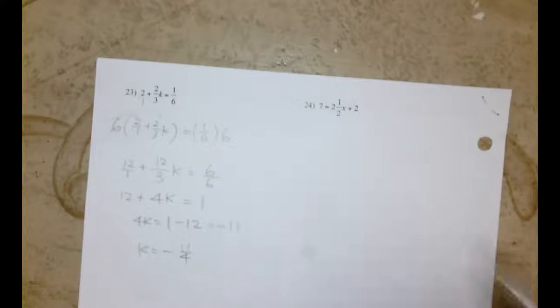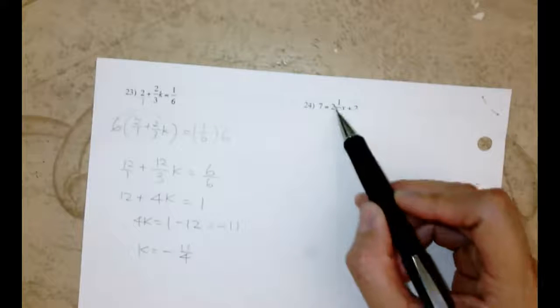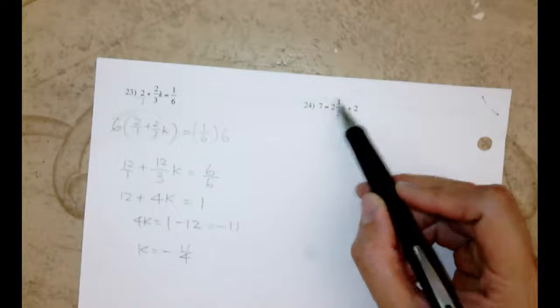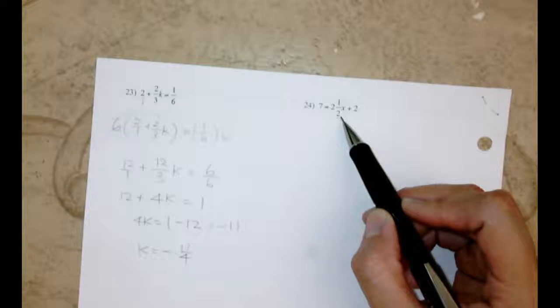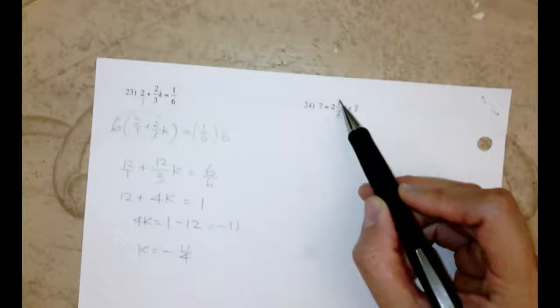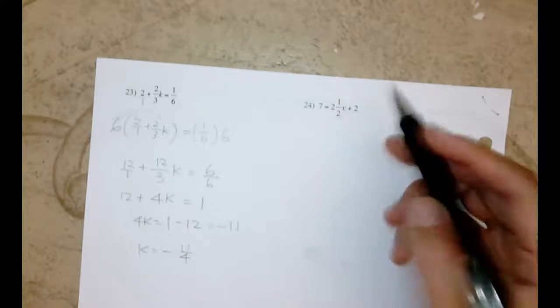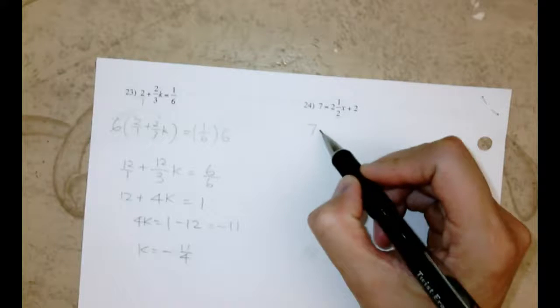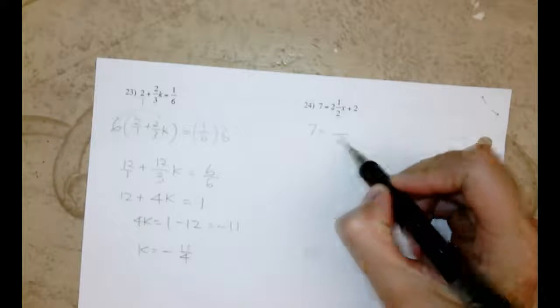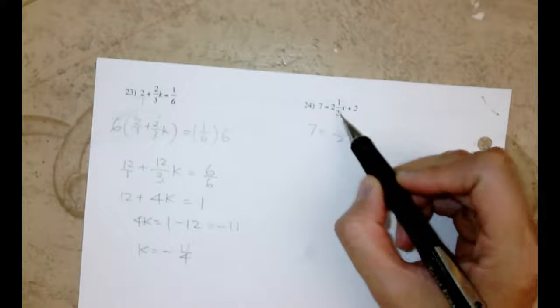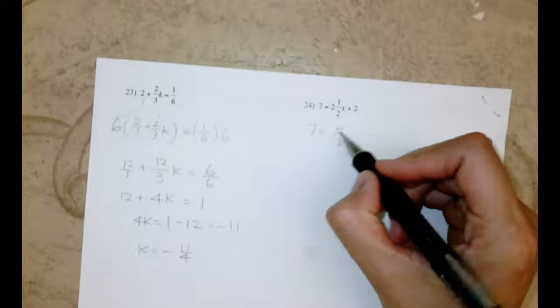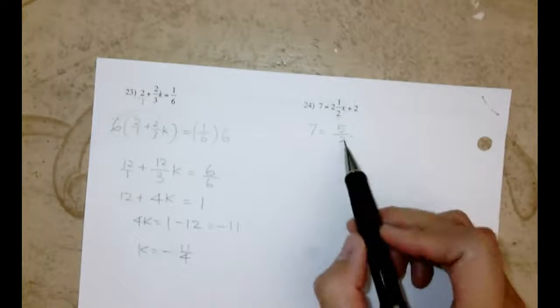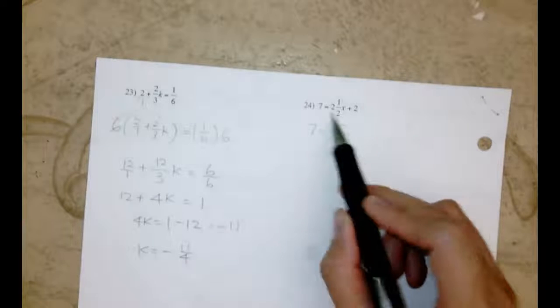Okay. Now this one. When you have a mixed number, you want to change it to an improper fraction, which is where the numerator is bigger than the denominator. So first you do that change. So 2 times 2 is 4, plus 1, so this is going to be 5. If you change this to a mixed number, that's 2.5, right?